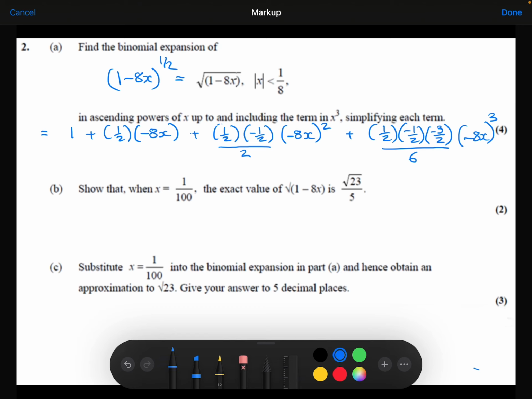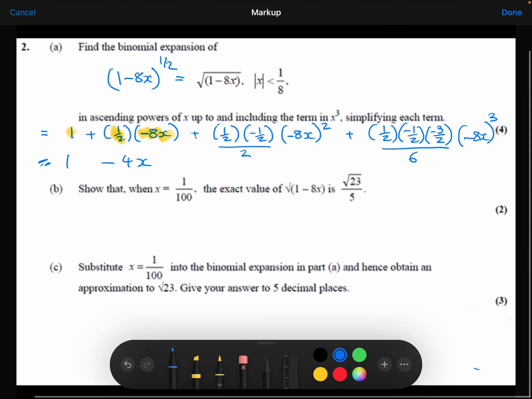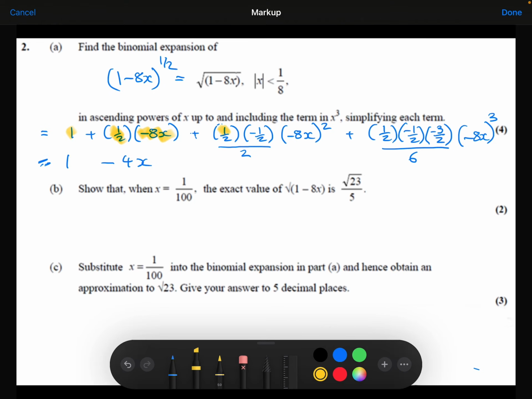Right, so let's go through this term by term. So obviously we've just got a 1 at the front there. Then we've got 1/2 times minus 8x. So that's minus 4x. 1/2 times minus 1/2 is minus 1/4.